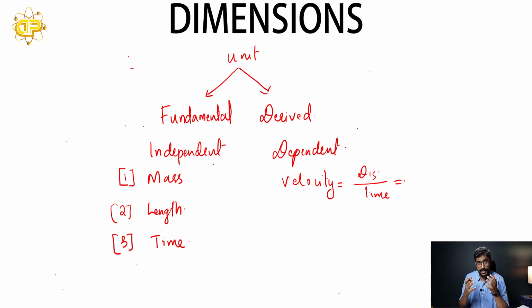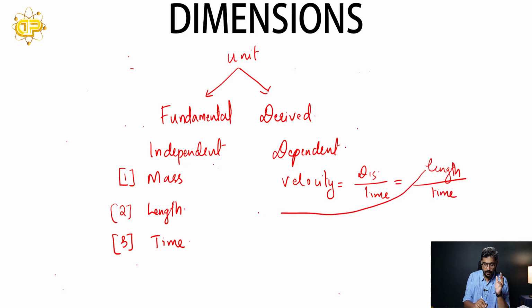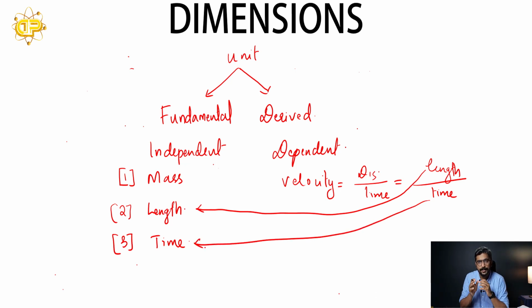If I'm saying speed, it is distance by time. Distance means length. So it is length by time. You can see 2 fundamental units are involved here, and we are defining speed or velocity with the help of these independent, or fundamental, units, and we call it a derived unit. This is the basis of this particular session.